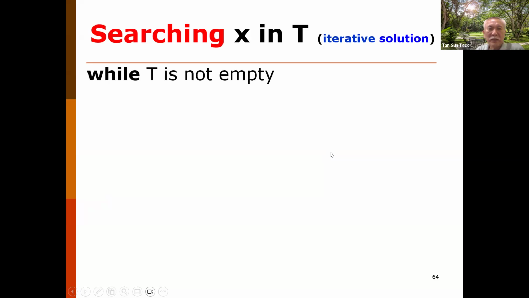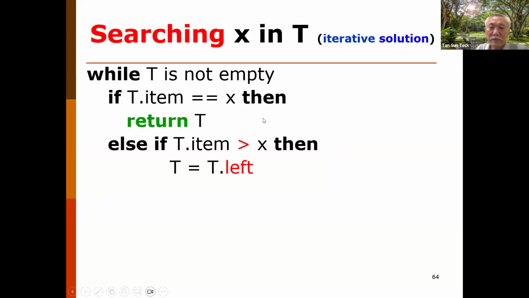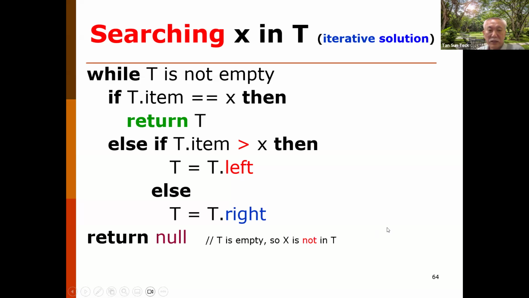While T is not empty, if T item is equal to X, then you return T, pointing out which node actually contains X. Otherwise, if T item is greater than X, because we are searching for X inside T, X must be on the left-hand side of the T item. That's why you go to the left. Otherwise, you go to the right. Otherwise, you return null.